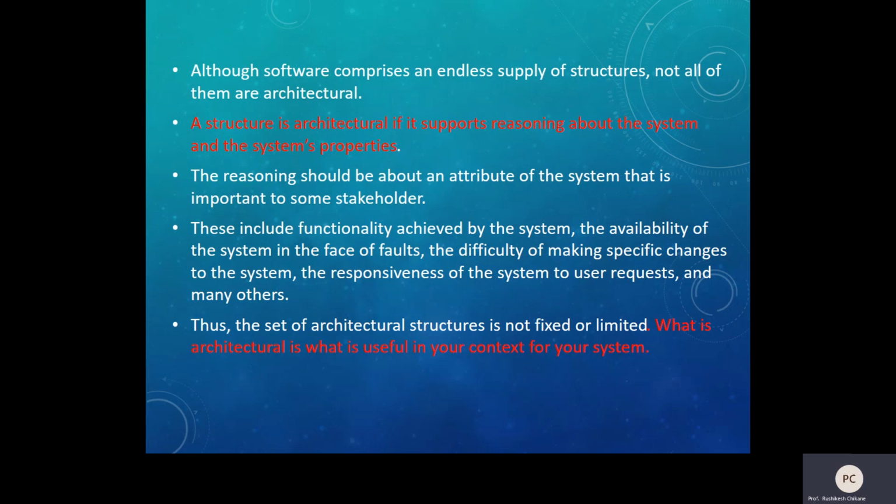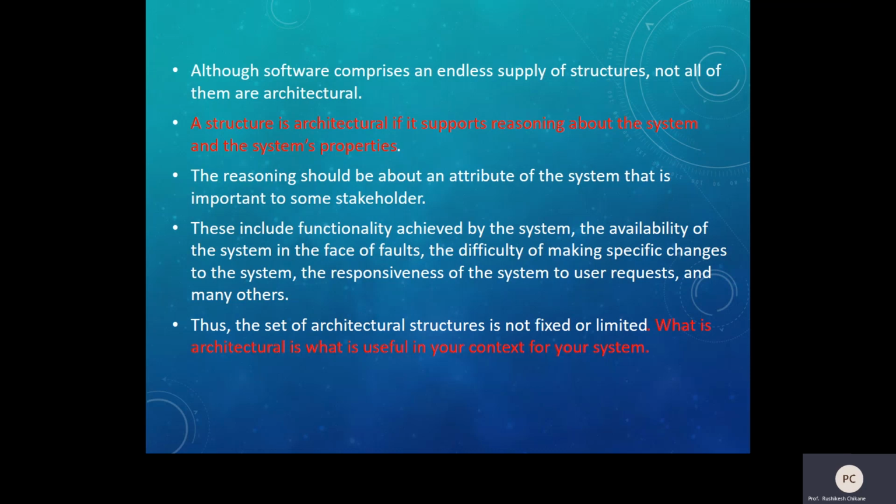So here we cannot say that the set of architecture structures is fixed or limited. Each and every building has different types of flats. Each building can have a different type of 1 BHK structure, a different type of 2 BHK structure, or a different type of 3 BHK structure. So we cannot say that this structure is a fixed architecture structure.